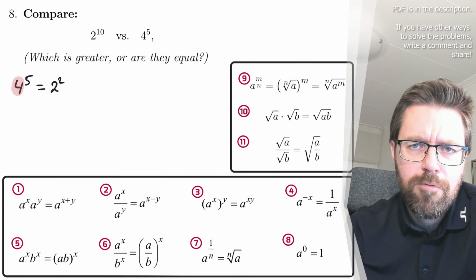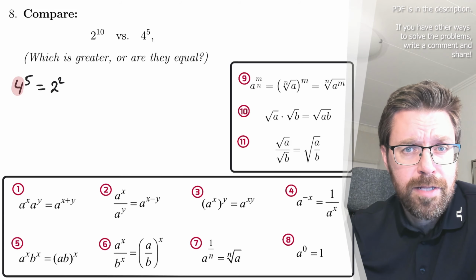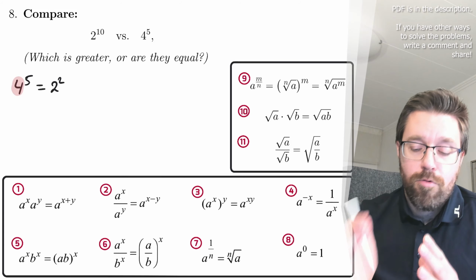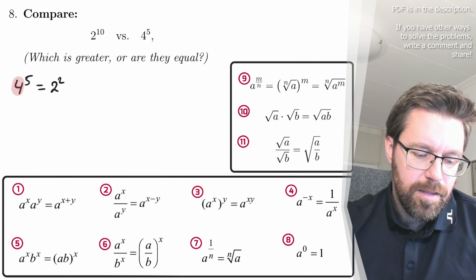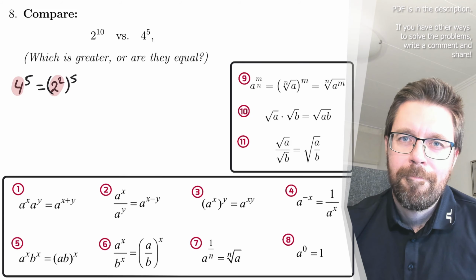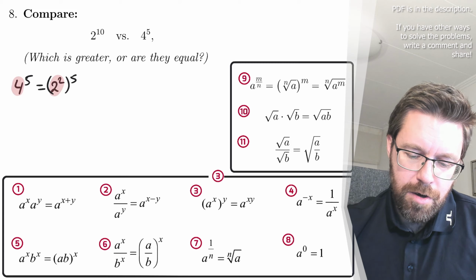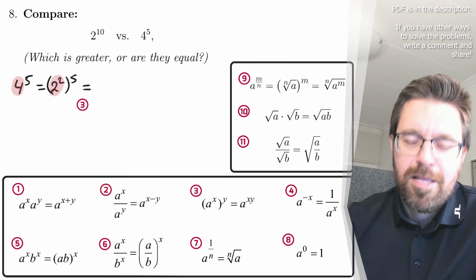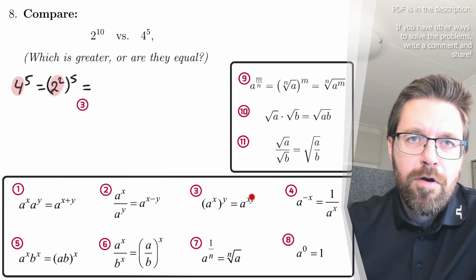It also equals 2 times 2, but it's better, I think, to write it like a power. So this number 4, you write it like a power, and then raised by number 5. And then we can use rule number 3. And of course, it means that you can multiply the exponents to each other.